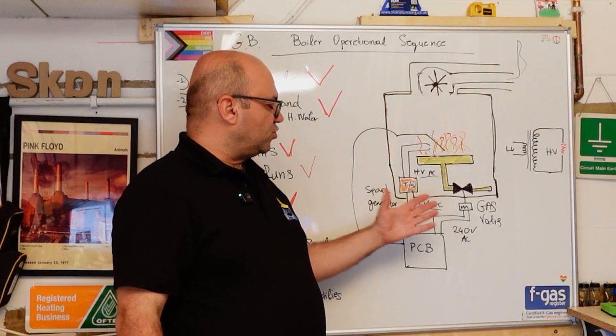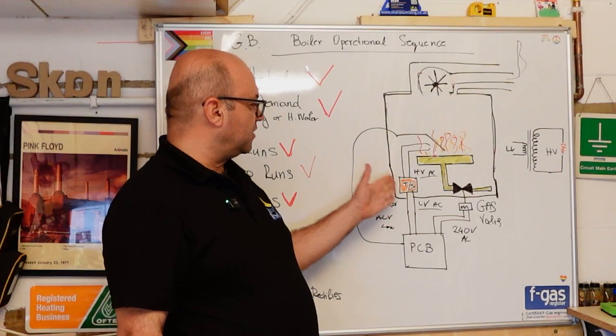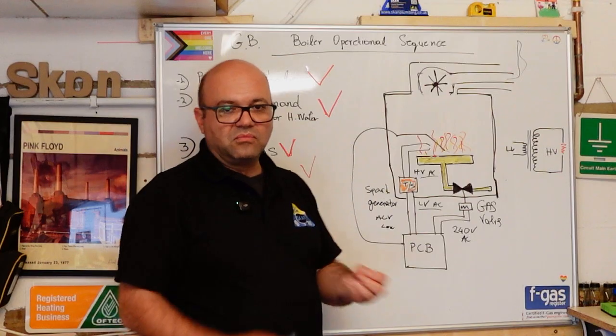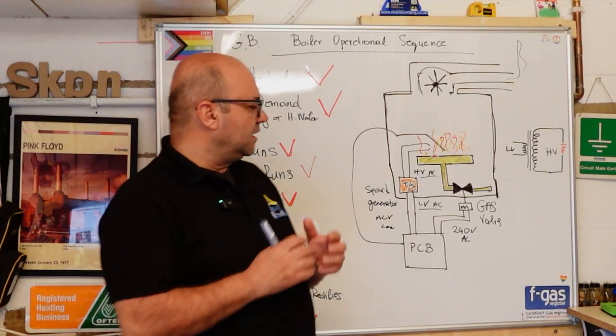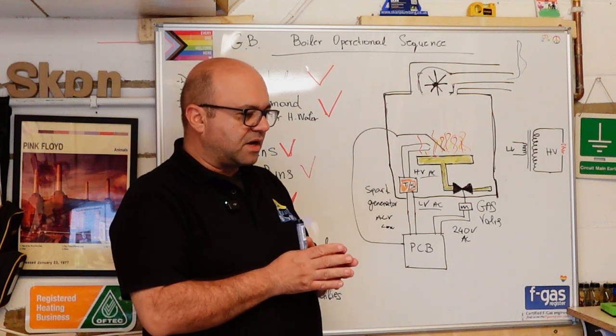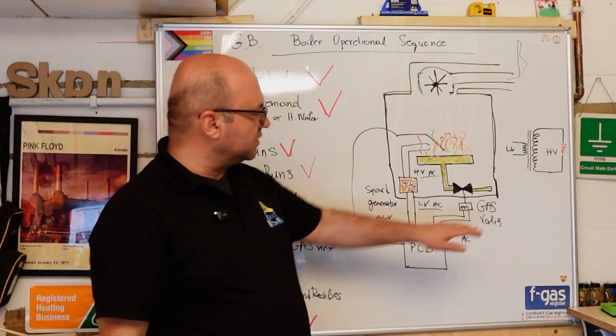Let's start to speak separately about each of these components. The spark generator is a high voltage transformer. For those that are more familiar with cars, on cars we have a low voltage AC going to the spark generator before the spark plug, and the low voltage becomes high voltage.